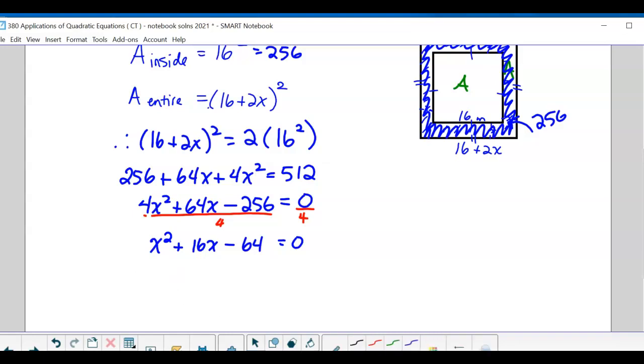So that's going to be negative. I think we have to use the quadratic formula.